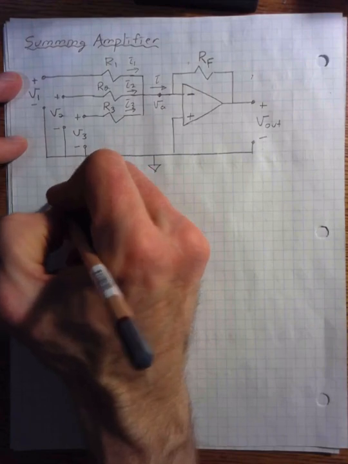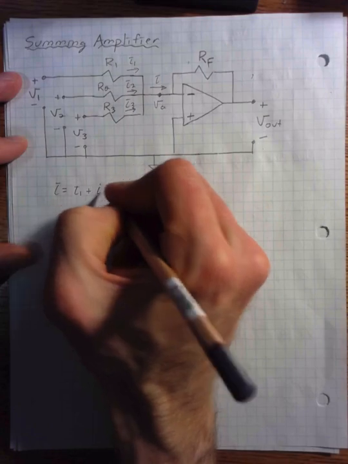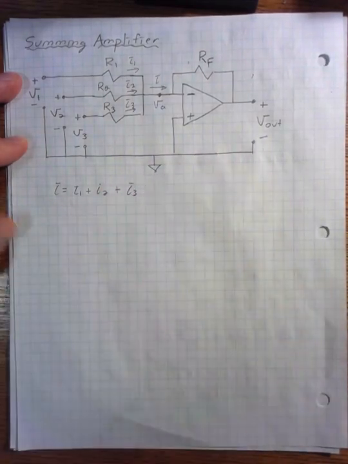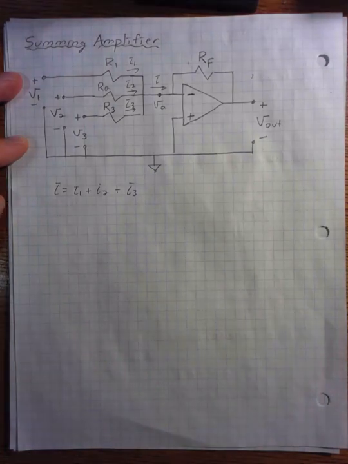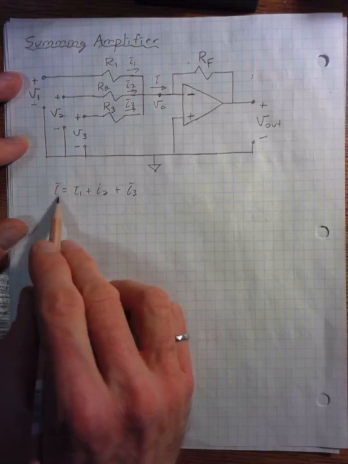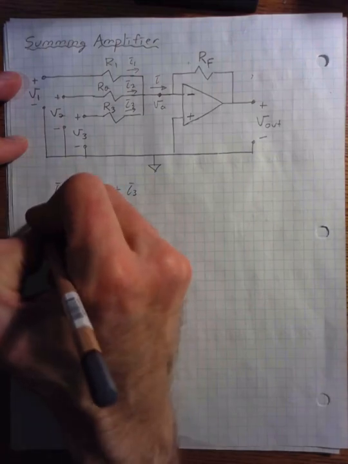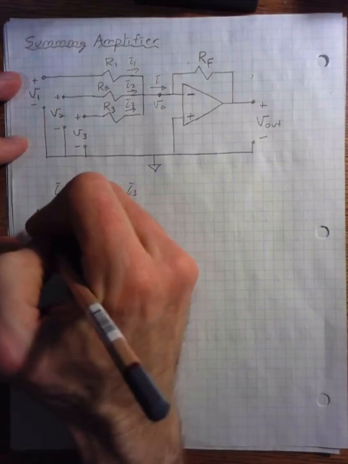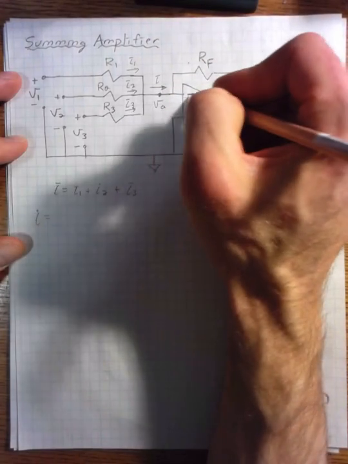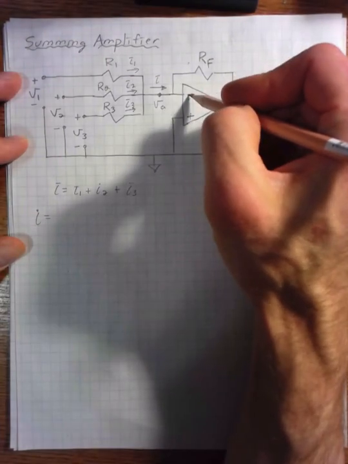By Kirchhoff's current law, I is equal to I1 plus I2 plus I3. Now, to write an equation for what these currents are equal to, the first thing we can do is write an equation for the total current I. Because the total current I flows in this branch, it can't go into the input terminal of the OpAmp because no current flows into an OpAmp.